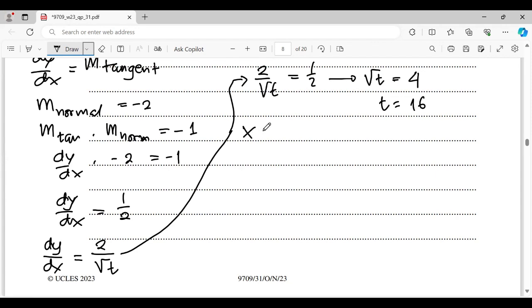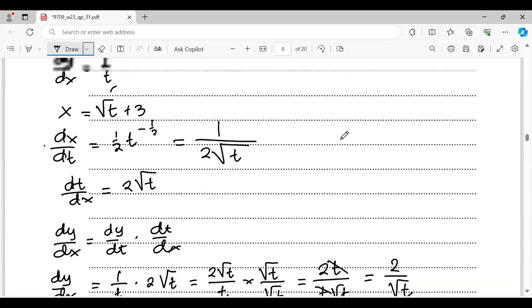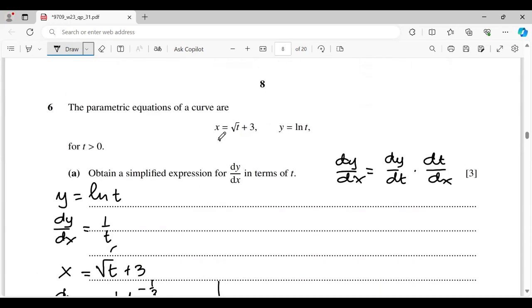So x equals square root t plus 3, which is 4 plus 3, equals 7.